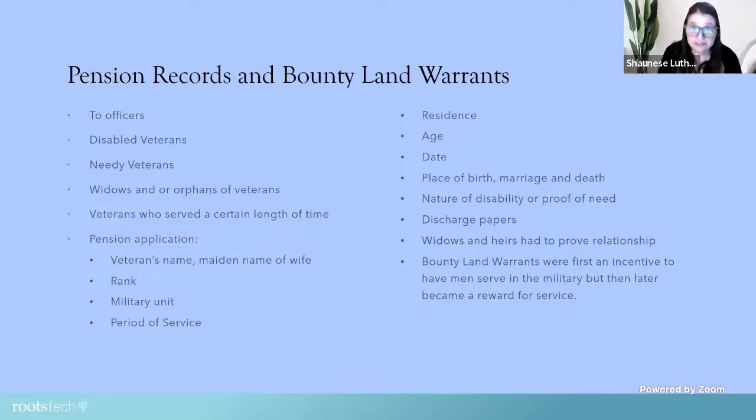If you've not been able to find your ancestor's wife's maiden name this entire time and you've looked high and low, now you have her maiden name. His rank, his military unit, his period of service, his residence, his age, and his date and place of birth, marriage, and death.